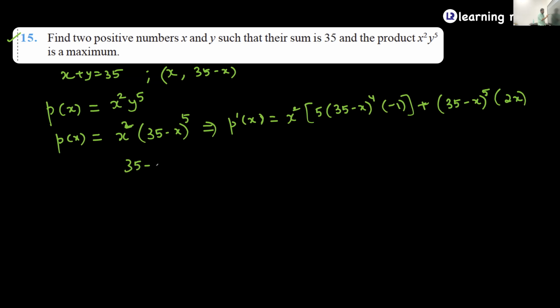It is 35 minus x the whole power 4. Right, 35 minus x the whole power 4, if I take it out, it will be minus 5x square plus 2x equal to 0. So if I equate this to 0, I get x is equal to 35. It is ruled out because they told positive numbers, right?